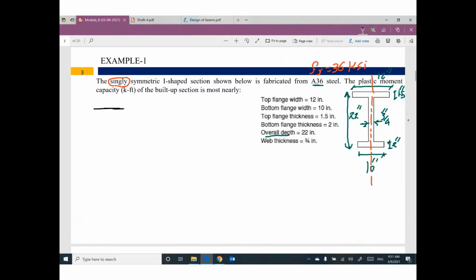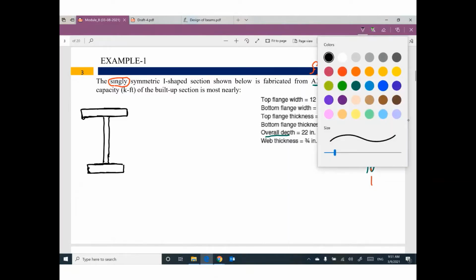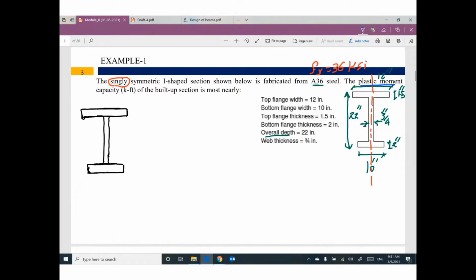Let me explain it here. Here is the top flange. Here is the web. Here is the bottom flange. Can anybody tell me the meaning of reaching the plastic moment? It means one part of the cross section, the top, will be under compression, and the stress will be F yield.